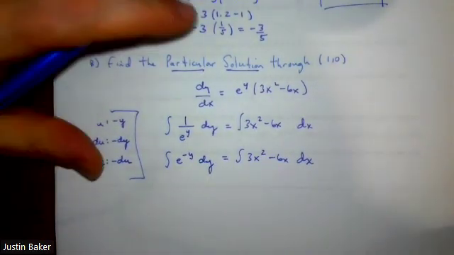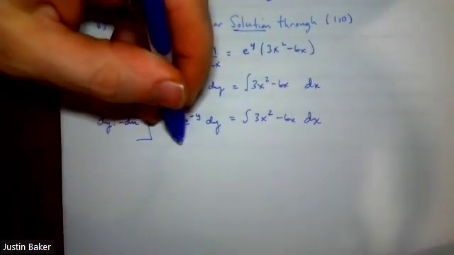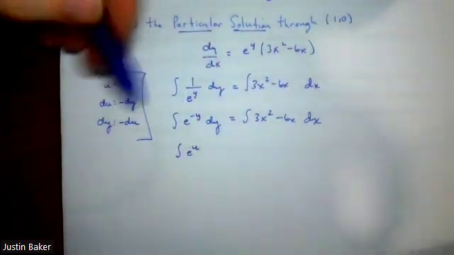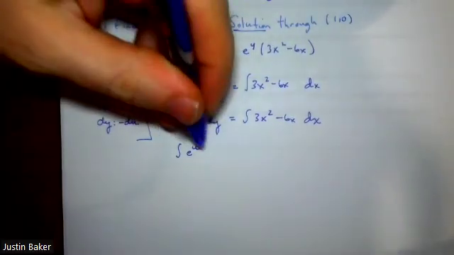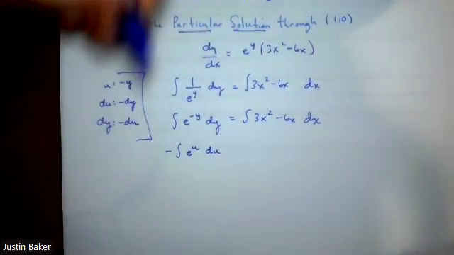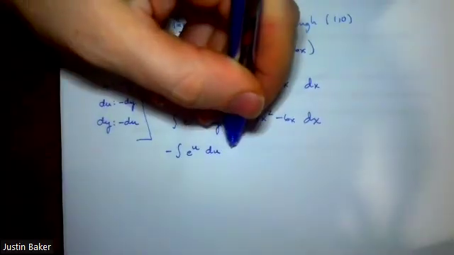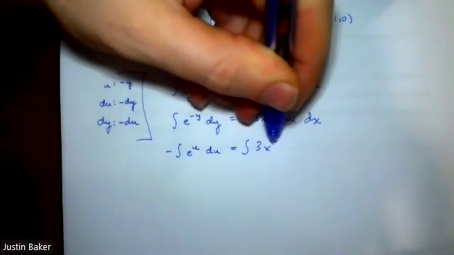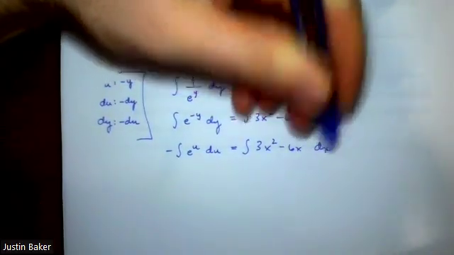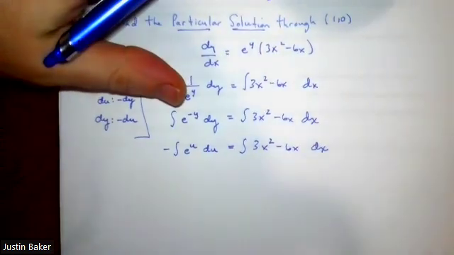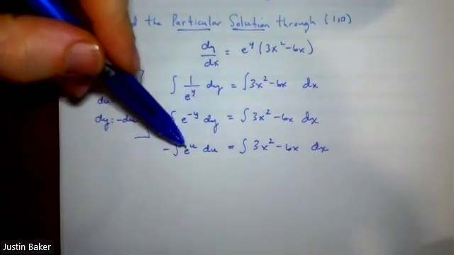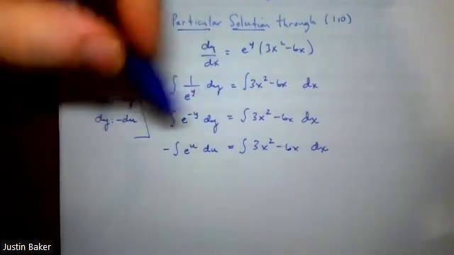Okay, plugging that in, this would be e to the u. Now we have a negative sign in front of our du, so I'm going to throw that out front, is equal to, nothing has changed on the right side. And we are now ready to integrate both sides. If you integrate e to the u, that is just e to the u.